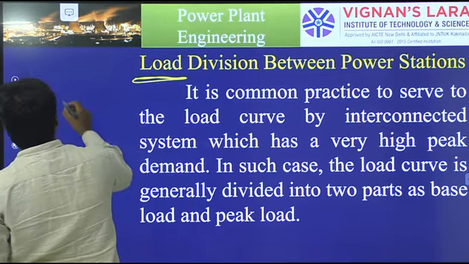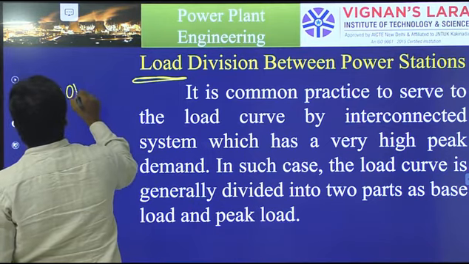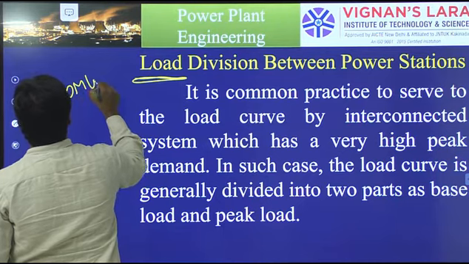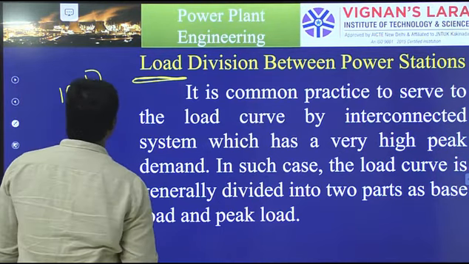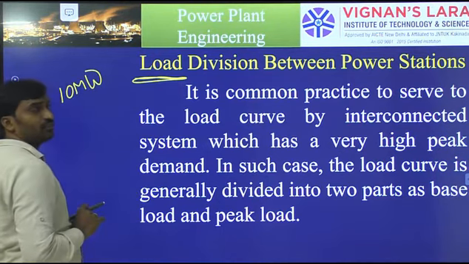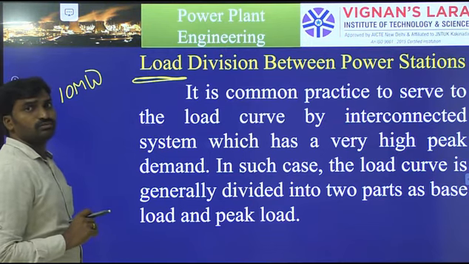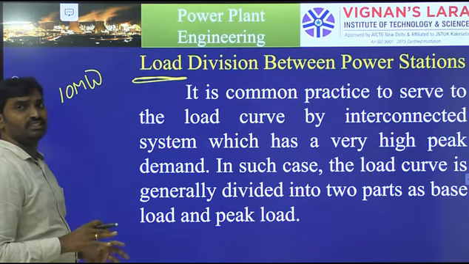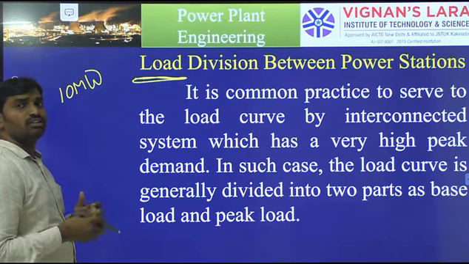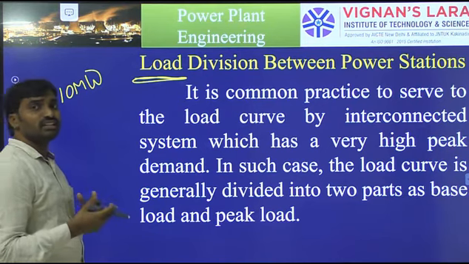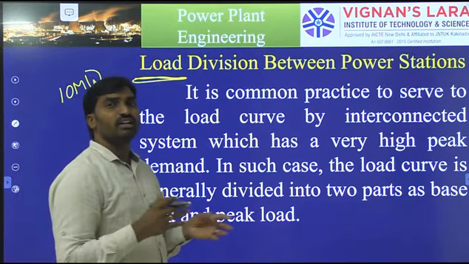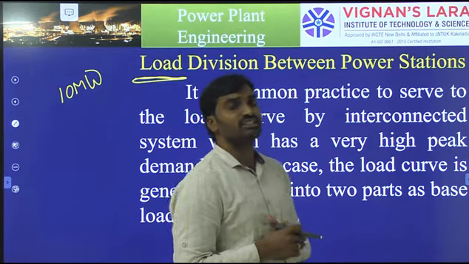For example, if we have a capacity of 10 megawatt of a power plant, if you generated 10 megawatt, how can we utilize it at a single time? In some cases, based on the power required, we divide it between the two power stations.